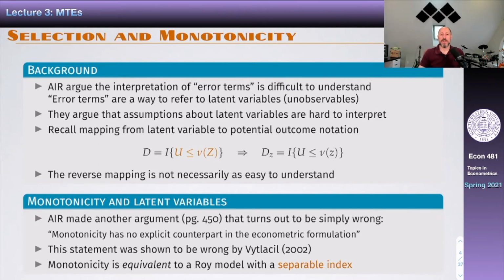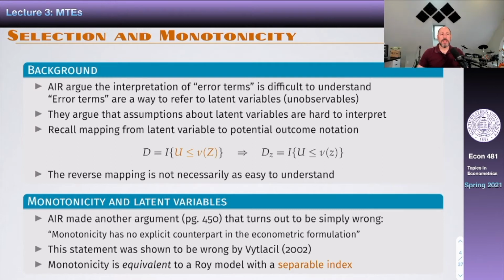When you have models that model unobservables in an explicit way by adding this U and so on, whereas if you go to the potential outcomes, the unobserved feature is just embedded in the potential outcomes, which are by nature unobserved, right? In that paper, they argue that assumptions about latent variables are hard to interpret.